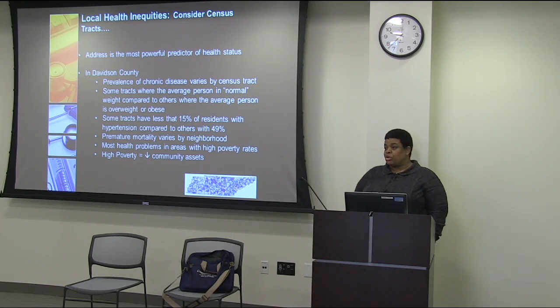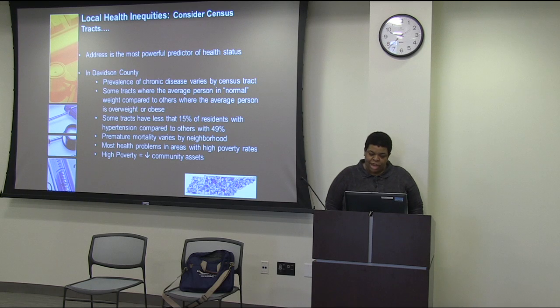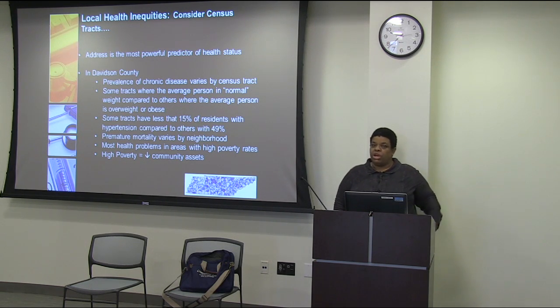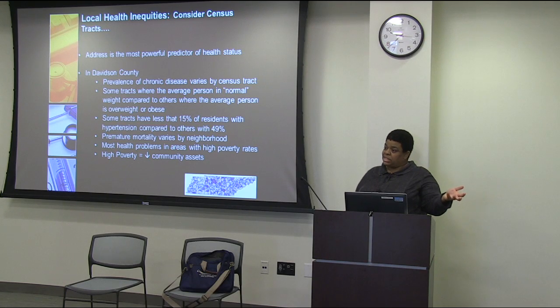Then premature mortality, and so that is early death, right? Dying earlier than you should. Varies by neighborhood. So if we were to compare death rates for people who live in Bellevue compared to death rates for people who maybe live in Bordeaux or North Nashville, you'd see a marked difference, right?